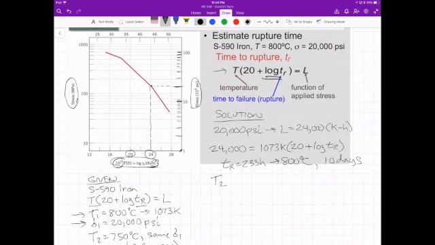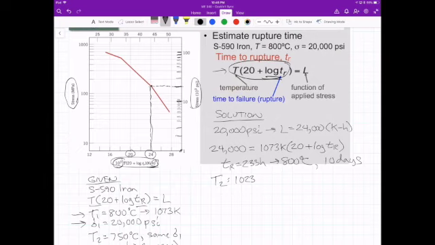Okay, so all I did was change the temperature to 1023. It's the same stress, right? So I haven't changed that, therefore my L is still the same. So the temperature is not dependent on this graph. It comes out of the equation, T times 20 plus the log of TR.